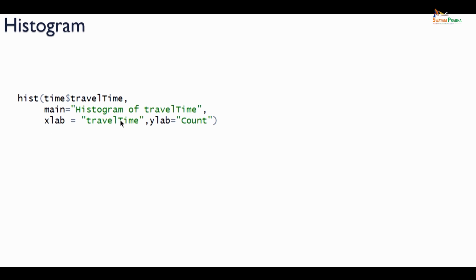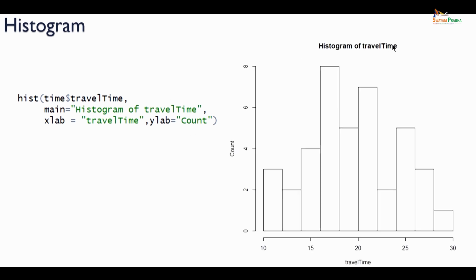So, x label is travel time and y label is the count. So, on my right you have the histogram that gets generated once you run the command. You can see x axis has travel time and y has the corresponding counts.